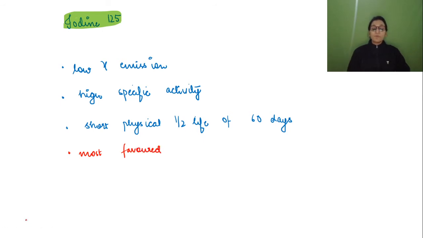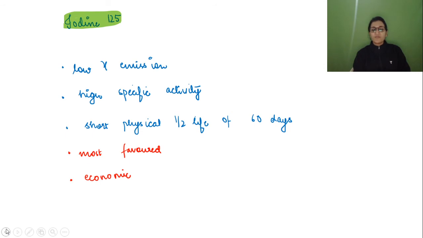It can be obtained with high specific activity and almost 100% isotopic abundance, thus reducing the counting time, and it is quite economic. Economic is another very important factor associated with iodine 125.